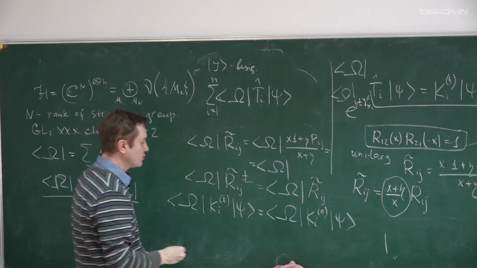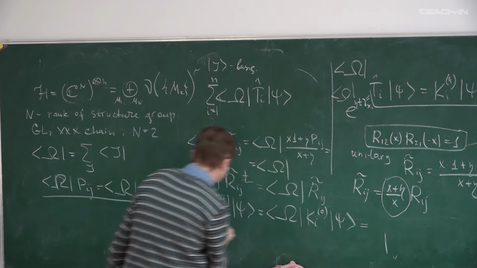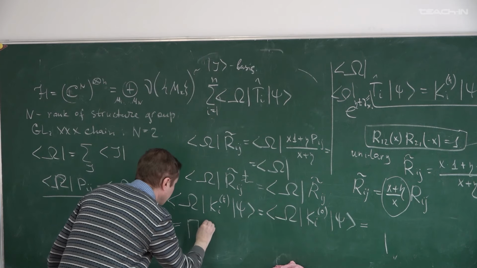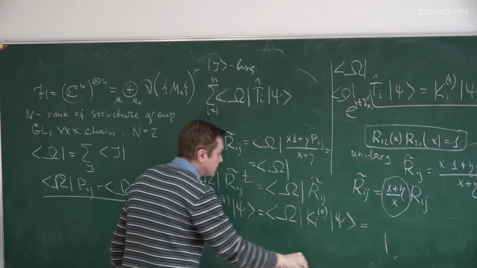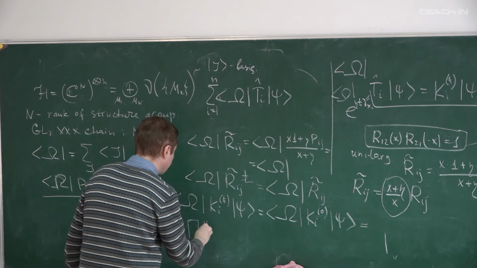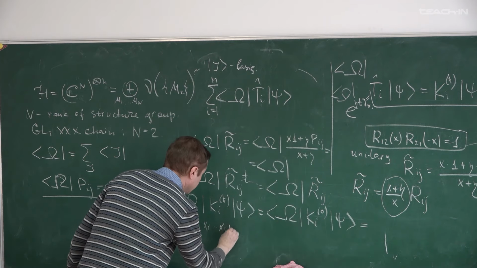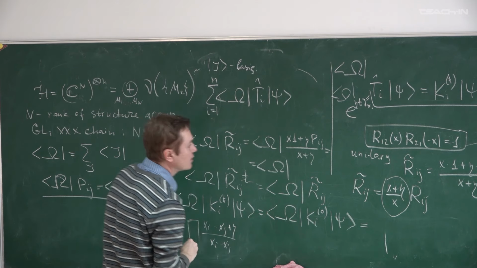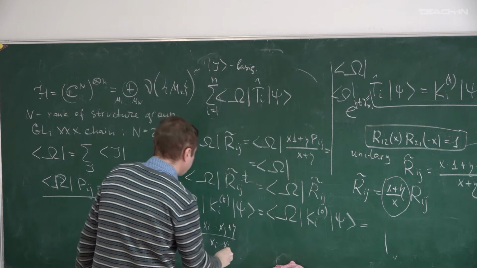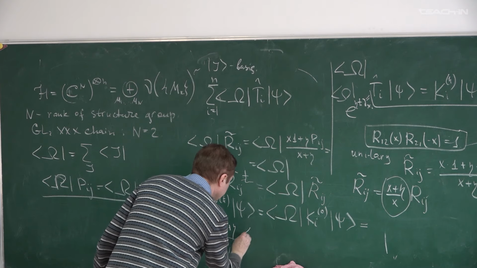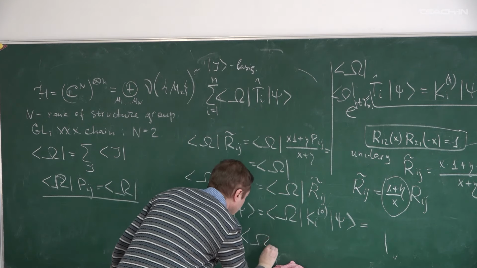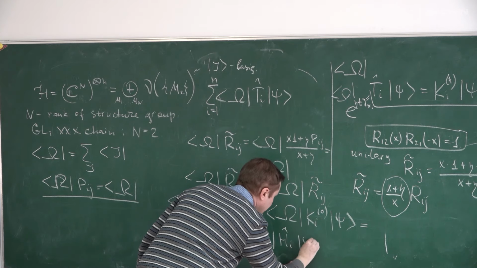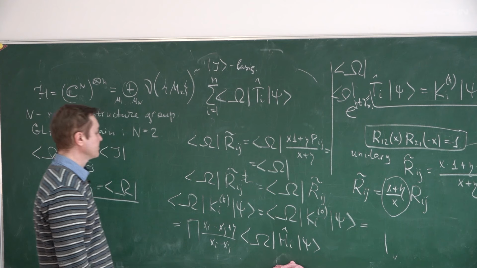And ki of 0 psi is just a product of this, xi minus xj plus eta over xi minus xj, like this.